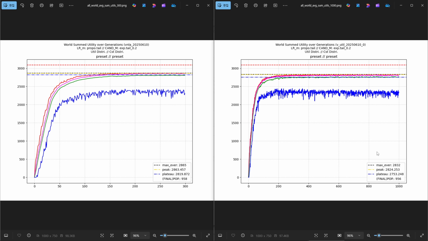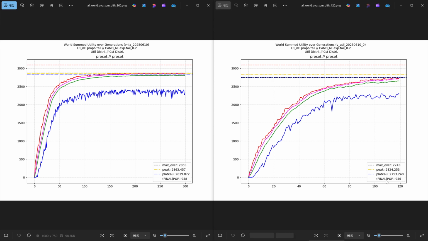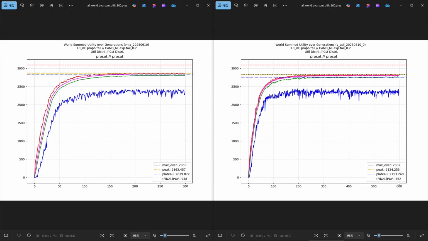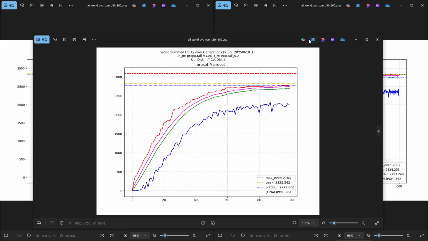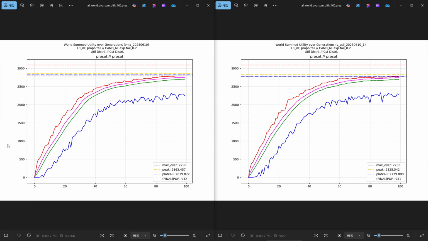But anyway, this is where the population would grow per 100 generations. So this was a mistake, so I corrected that mistake, and this is that. On the left is just everything in one go, vanilla, as it says right here.